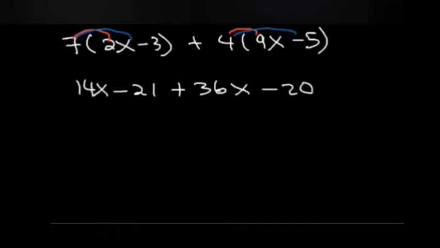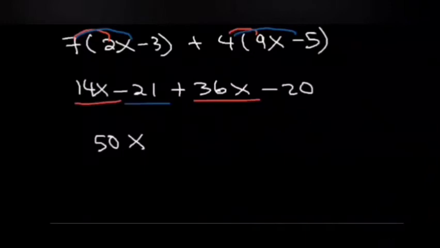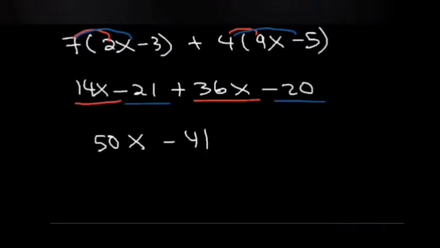Now we collect like terms. 14x and 36x are like terms, which give us 50x, and minus 21 and minus 20 are like terms, and that gives us minus 41.